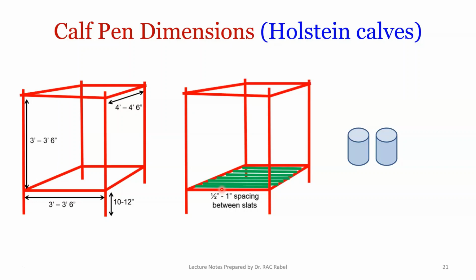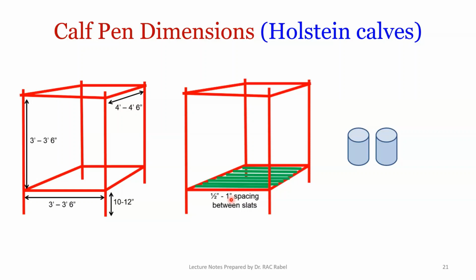So you have to work out a balance where the hoof doesn't go in and get caught, but at the same time it's not too narrow that the feces cannot get out, right? So you have to come to a compromise between those two, and what we usually say is half an inch to 1 inch spacing between two adjacent slats, and then the calf's foot won't get stuck or injured, and it's still wide enough for the feces to drain down, right?